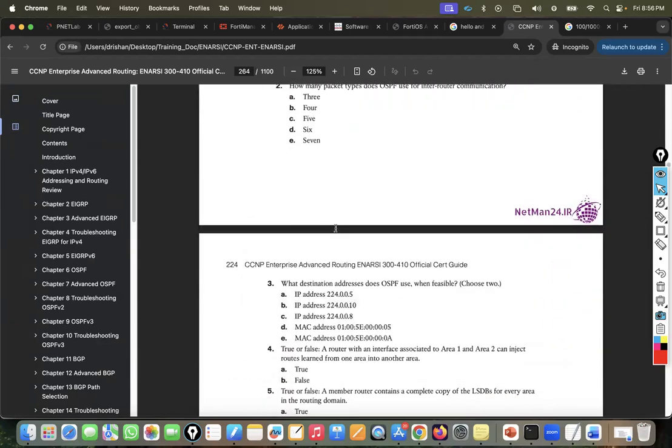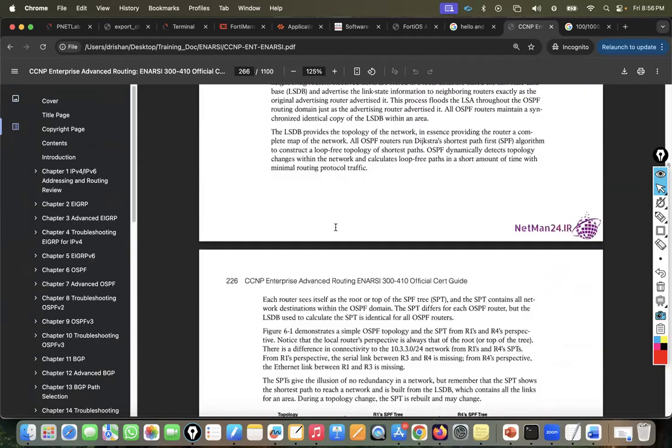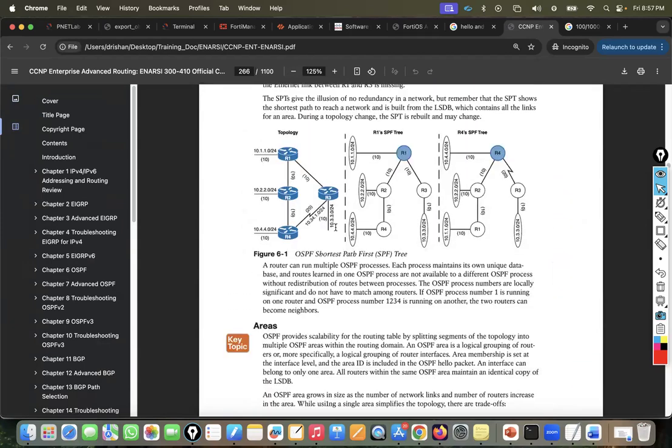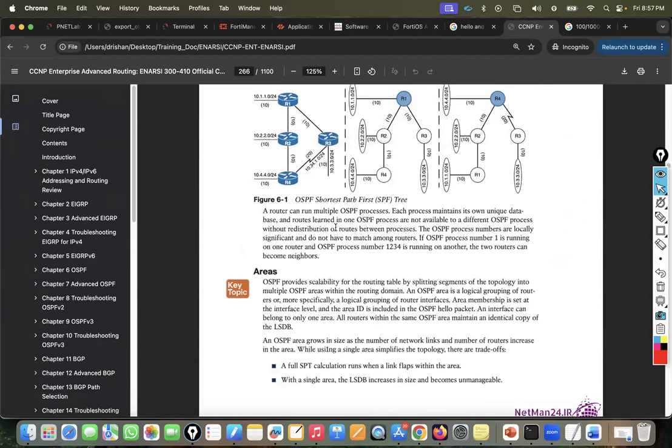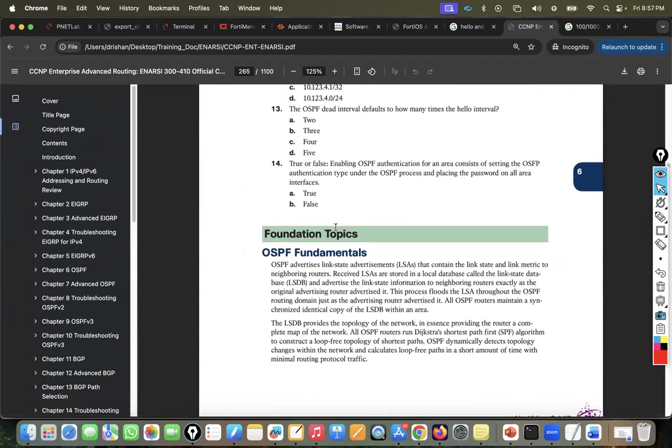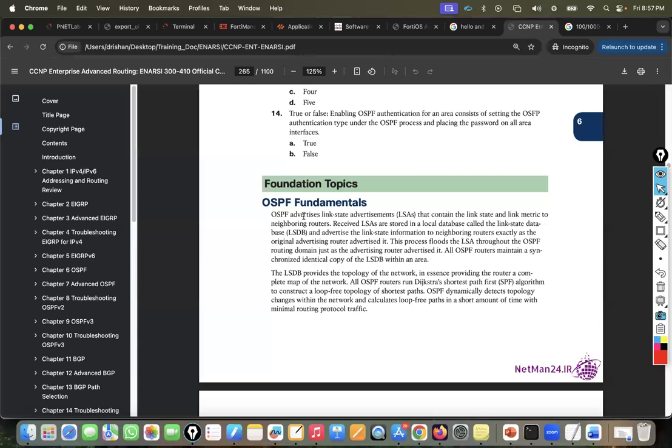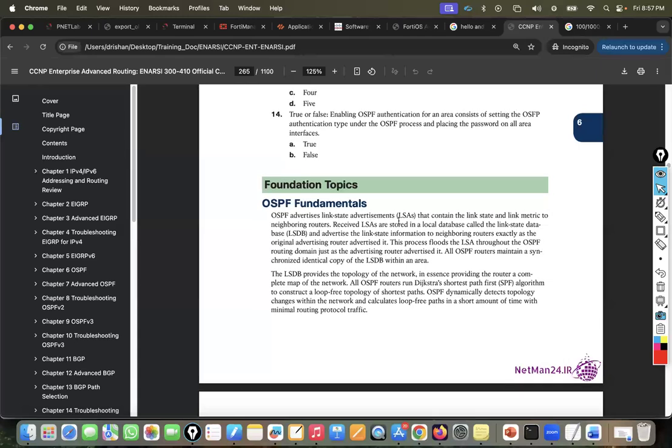So I discuss all these things. I'll discuss areas later, but first the OSPF fundamentals. OSPF advertises the link state, right? The LSA, the link state advertisement, contains the link state and the link metric to the neighbor router. Received LSAs are stored in the local database called the link state database. That's what I was explaining earlier.